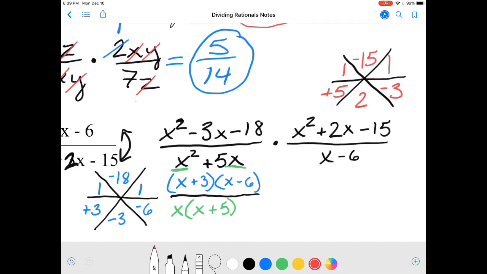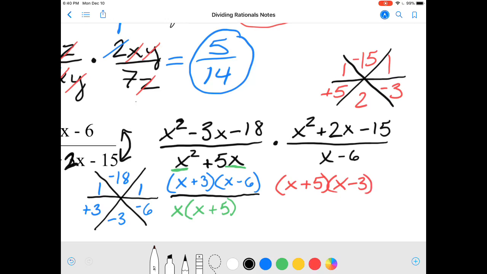Five times -3 is -15, and 5 minus 3 is 2. There, that works a lot better, and I'm sorry if you guys got stuck on that because of my mistake earlier. So we have x plus 5 times x minus 3.